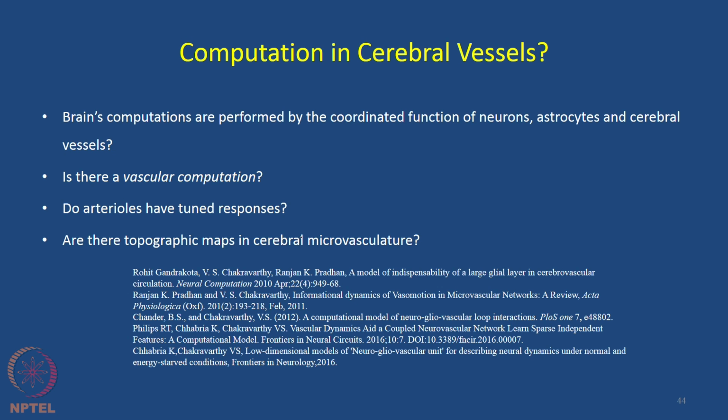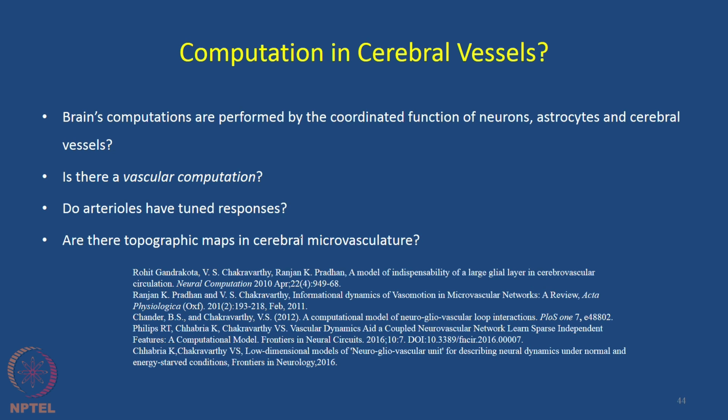So as a part of that broad question, can we ask, do arterioles or small arteries have tuned responses? For example, if I show an oriented bar and then take recordings from the arterioles of visual cortex, will you find a certain arteriole dilating exactly in response to a certain oriented bar at a given orientation?